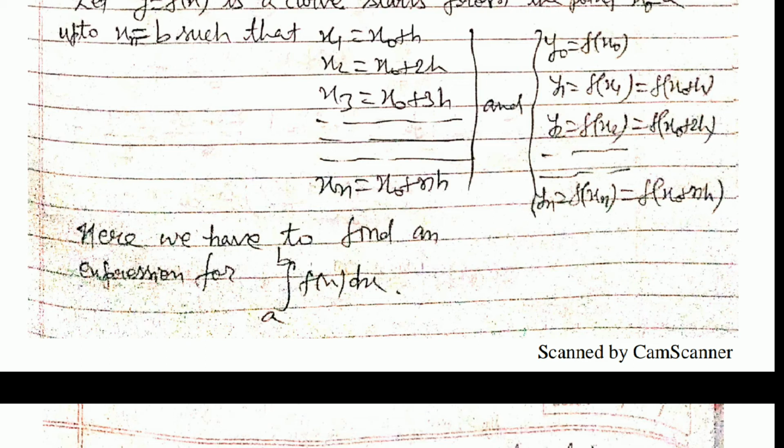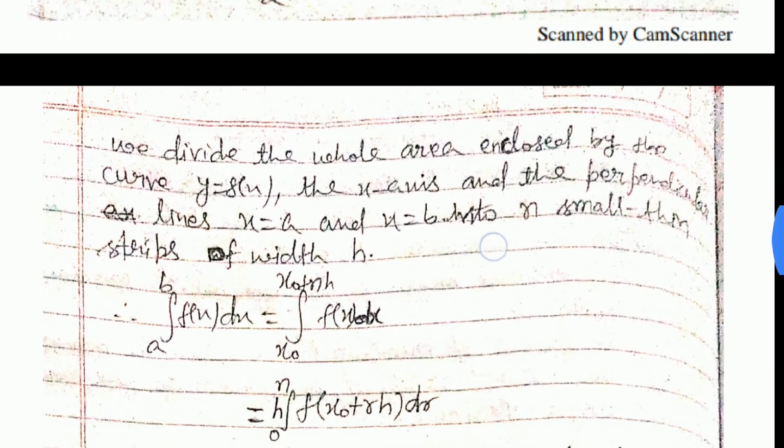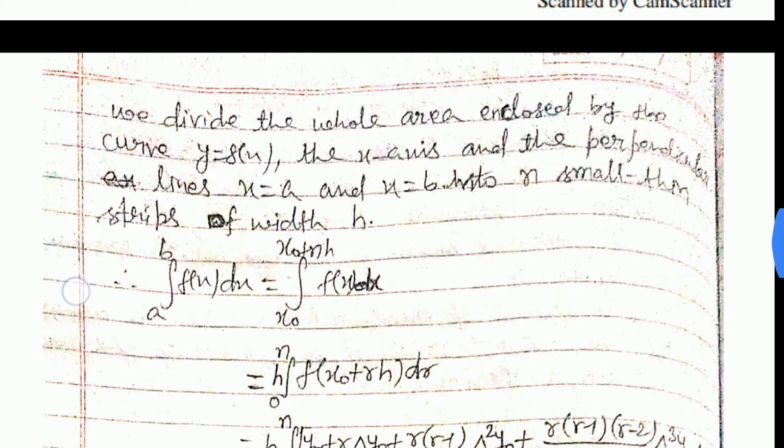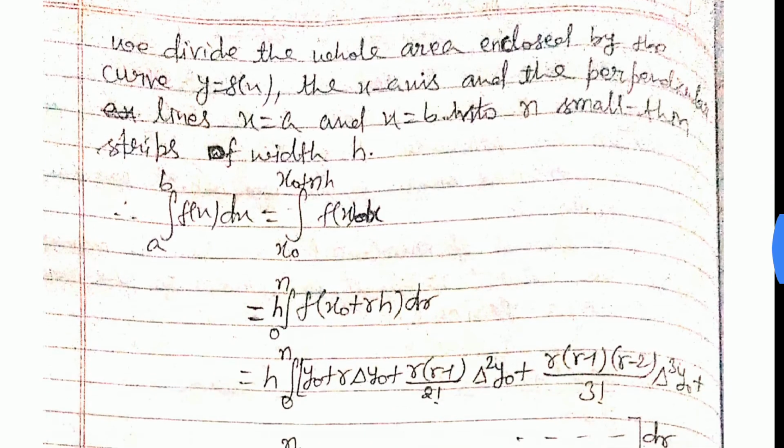We divide the whole area enclosed by the curve y is equal to f(x), the x-axis and the perpendicular lines x is equal to a and x is equal to b into small thin strips of width h. So the total range from a to b is x naught plus nh.